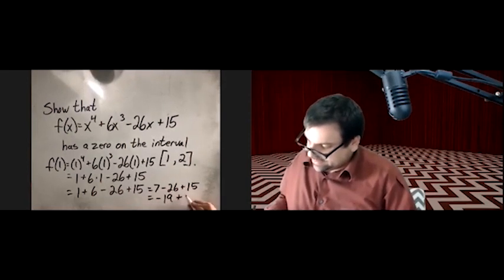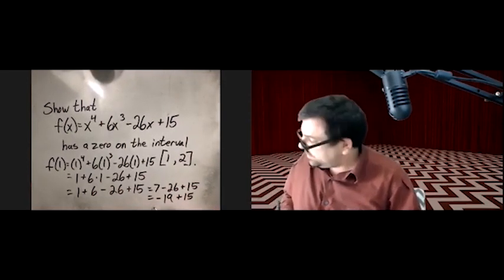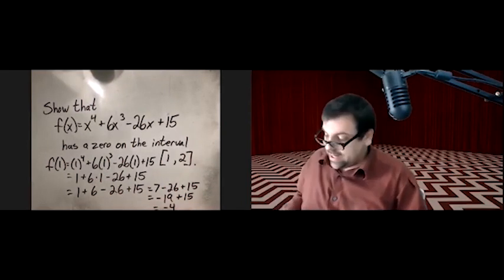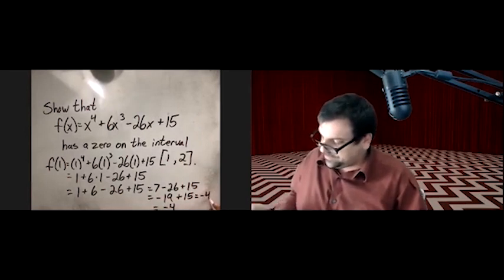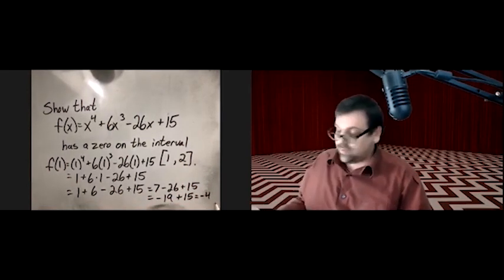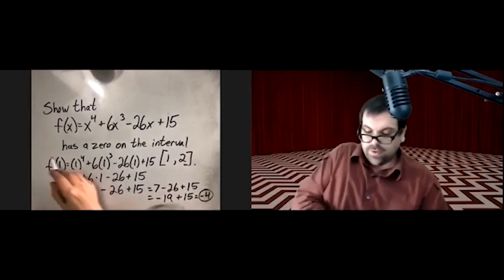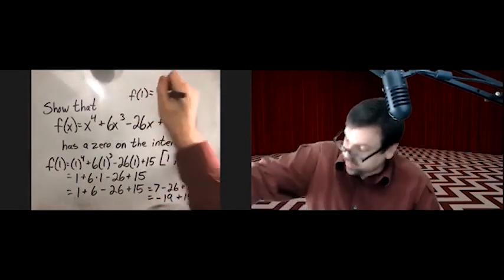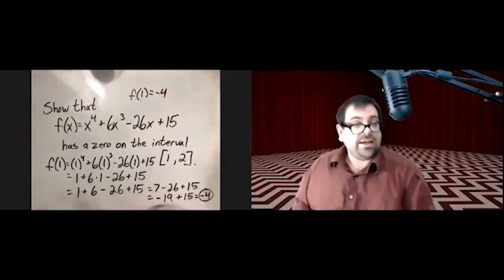Negative 19 plus 15 is -4. So f of 1 is -4.